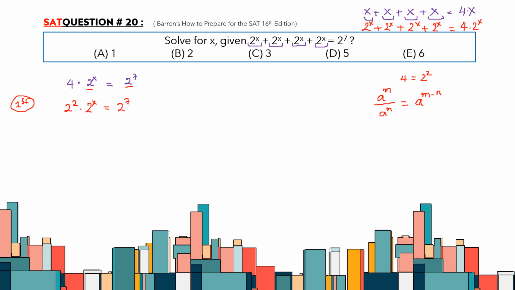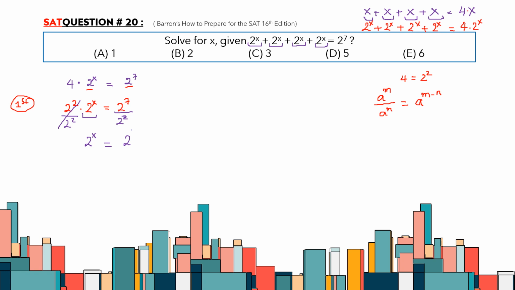Now we solve for 2 to the power of x, so we want to isolate this one, right? So we divide both sides by 2 to the power of 2. And this one is 1, right? 1 multiplied by 2 to the power of x is just 2 to the power of x, equal, we apply the formula which is reviewed on the right side.